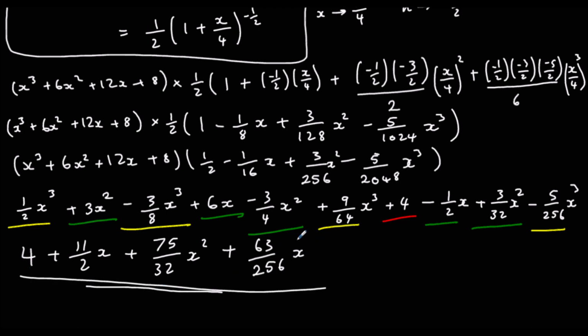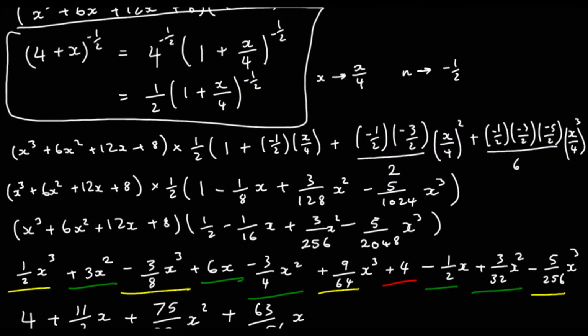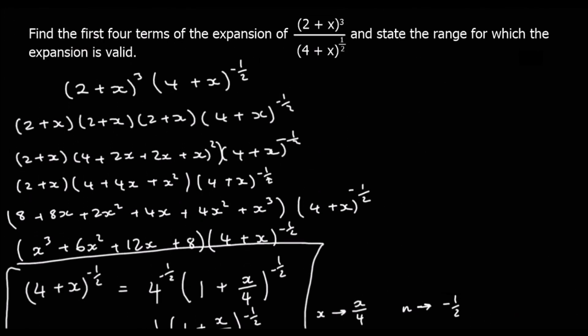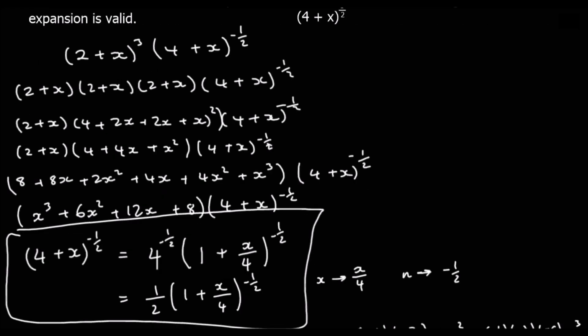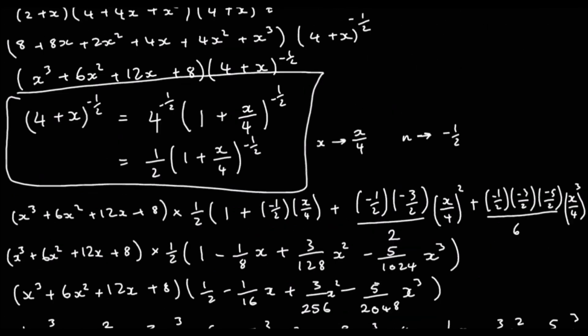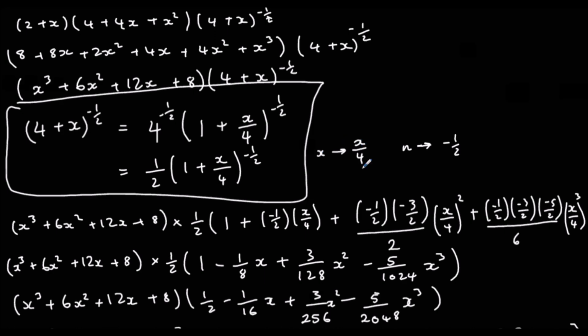So there's our answer. For what range is it valid? So where we use this line of the formula book, it's only valid when mod x is less than 1. So the x we used was x over 4.